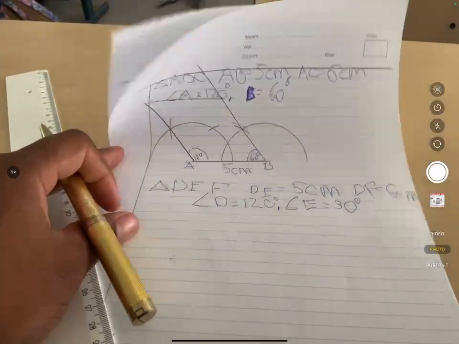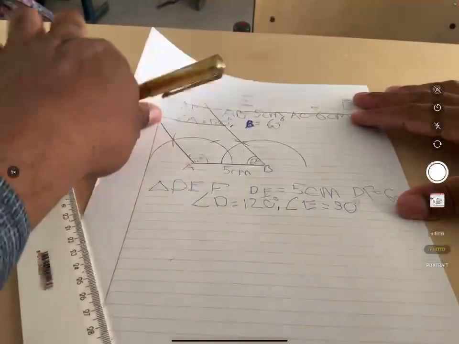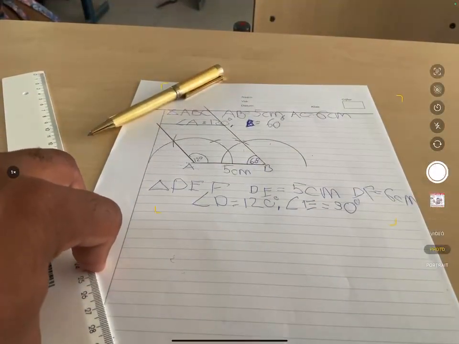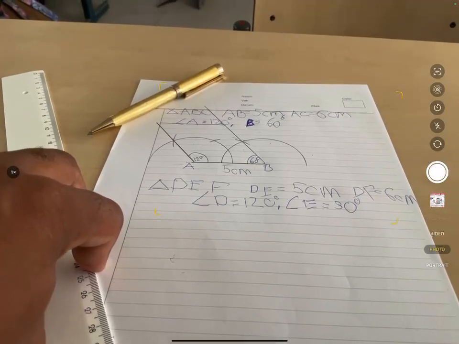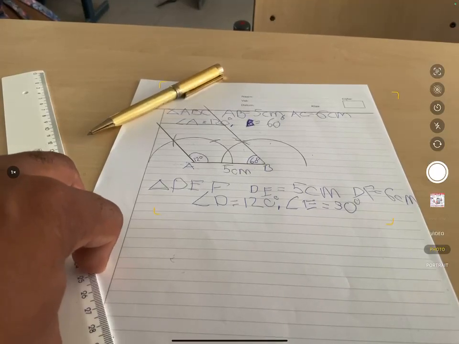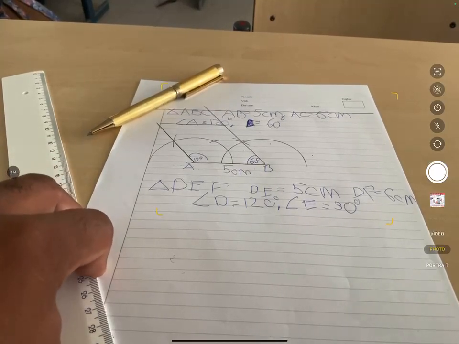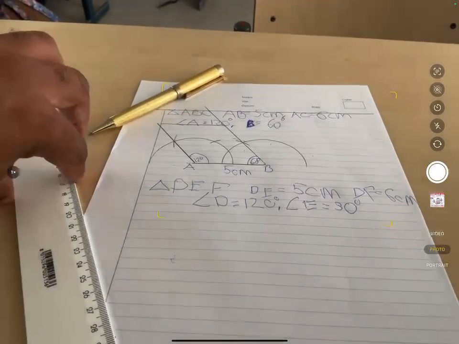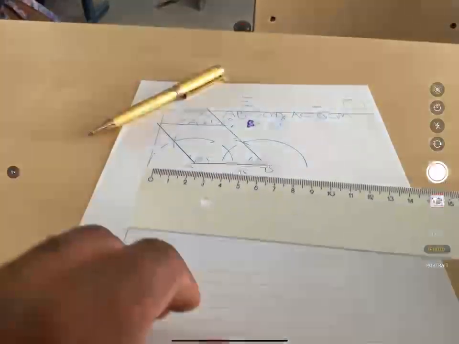Angle of E 30. So, by now, you should be able to do it within 2 minutes. Because you're already comfortable with the first one. So the first one should not take you more than 1 minute.